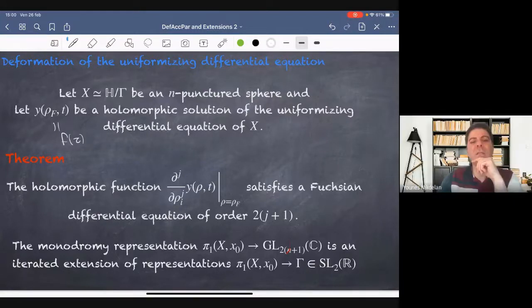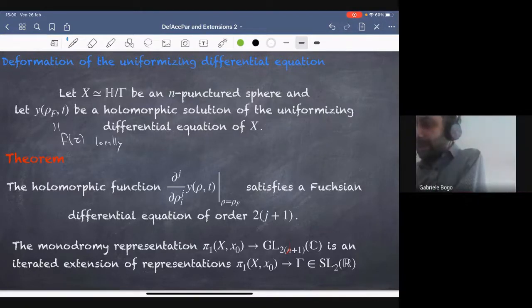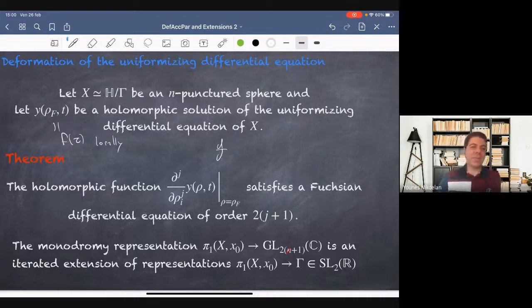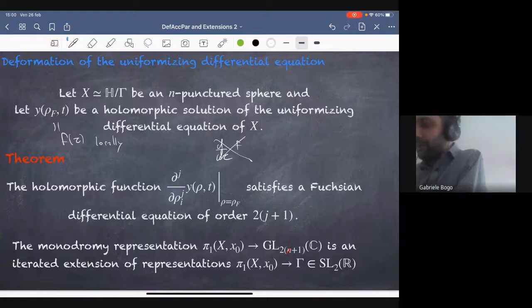So locally, the jth derivation will be a modular form of weight 2j plus 1. But now what you mean is the derivation given by d over d tau. But we are not considering this one. We are considering f as some bigger f of rho, specialized when you specialize rho to the Fuchsian value.